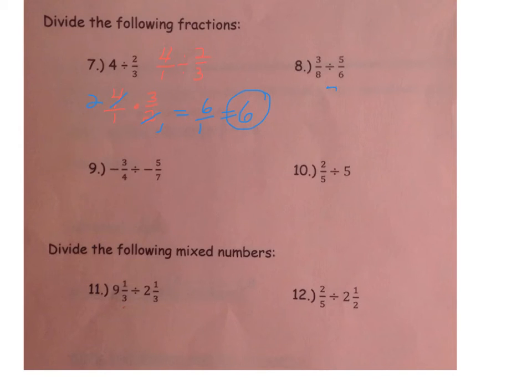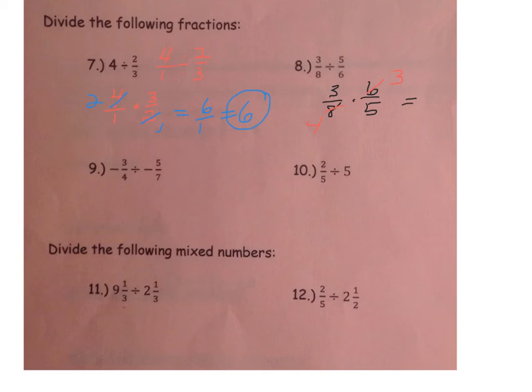The next one, you know what, I'm going to change to black here. Easier to see. 3/8 times 6/5. We can simplify here, 3, 4.